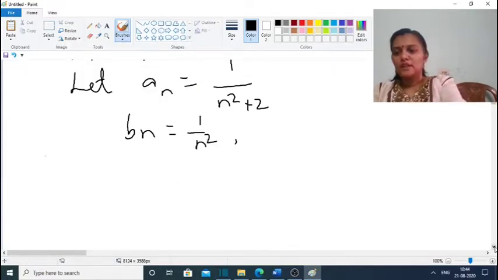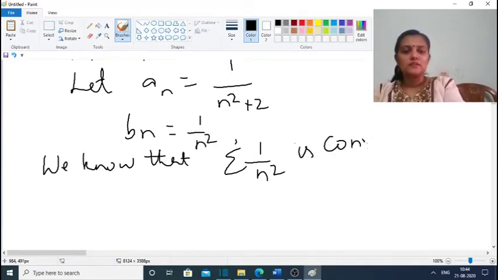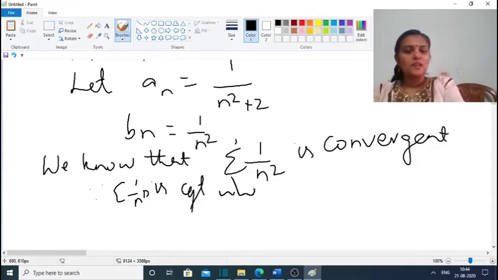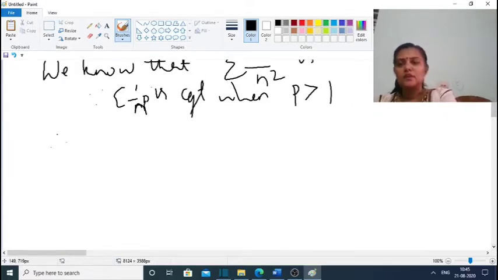Now we know that sigma 1 by n square is convergent, since sigma 1 by n raised to p is convergent when p is greater than 1. So sigma bn is convergent.